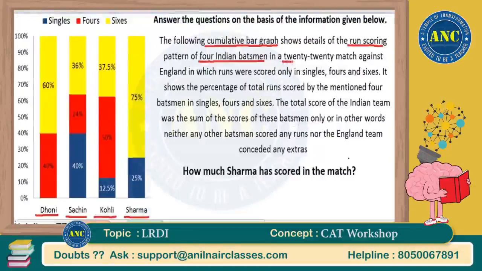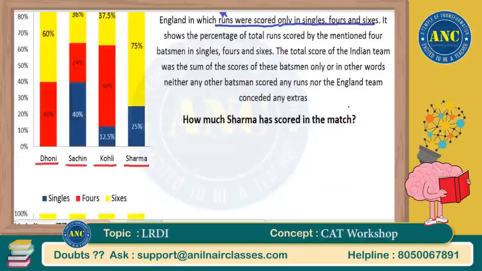It shows the run scoring pattern of 4 Indian batsmen in a 2020 match against England, in which runs were scored only in singles, fours, and sixers. This is the first key point. Singles is blue, fours is red, and sixes is yellow.